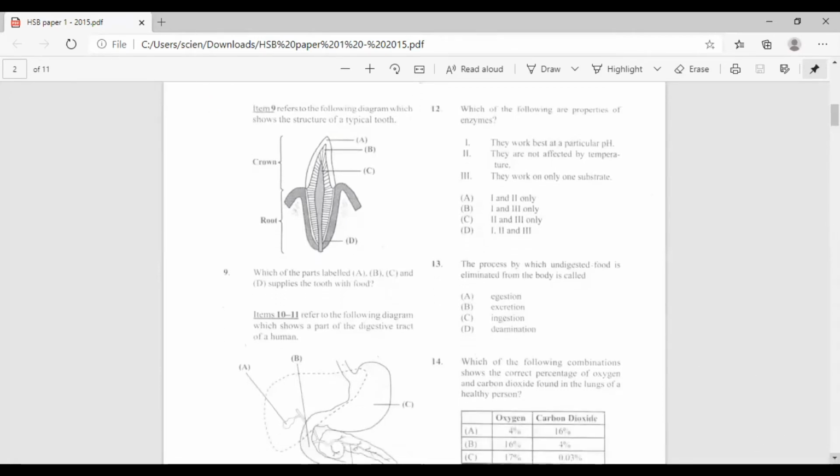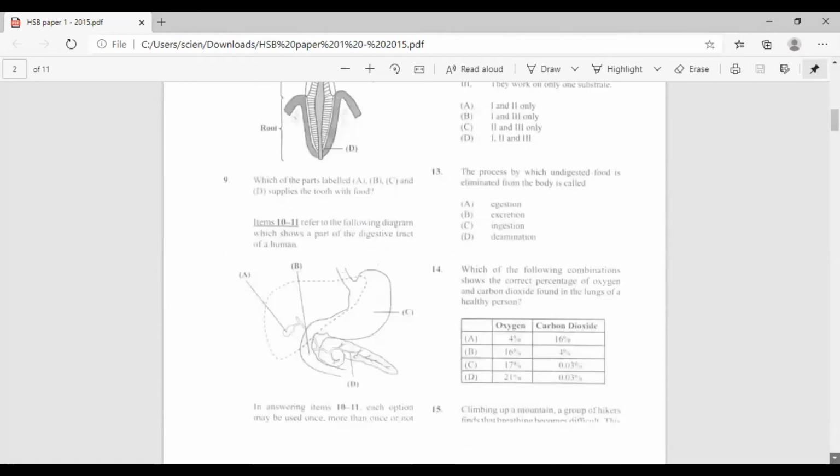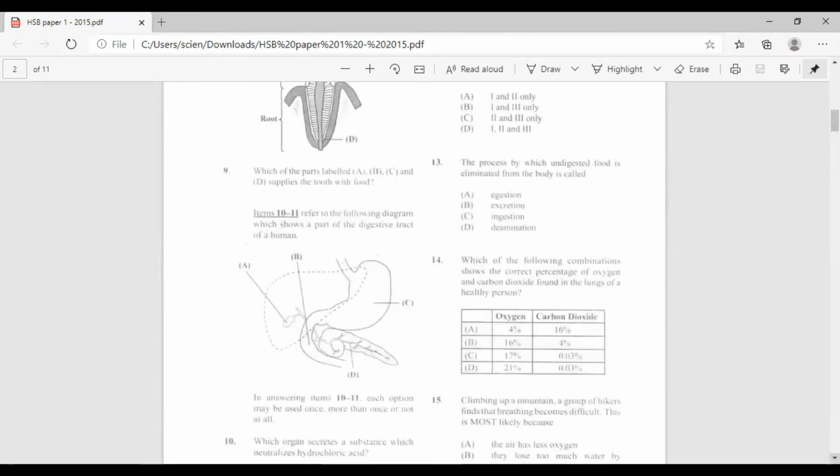So number 14, which of the following combinations shows the correct percentage of oxygen and carbon dioxide found in the lungs of a healthy person? Now we have A, 4% oxygen and 16% carbon dioxide.